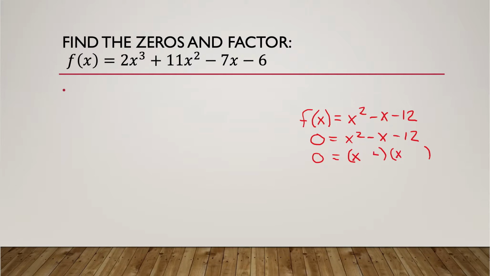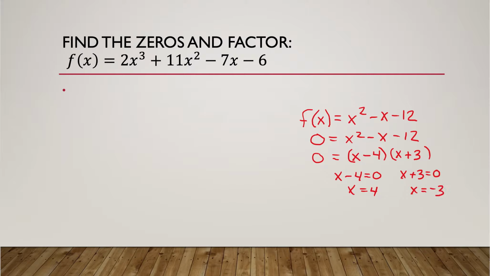For the 12, we would have a 4 and a 3, and then the 4 would need to be negative, the 3 would need to be positive, so we would get that quadratic factored, and then we would set each of those terms equal to 0 and solve. So we would have x is equal to 4 and x is equal to negative 3, and those would be our zeros.